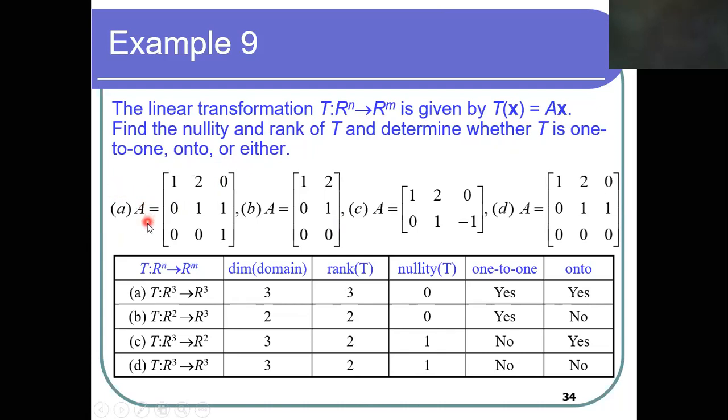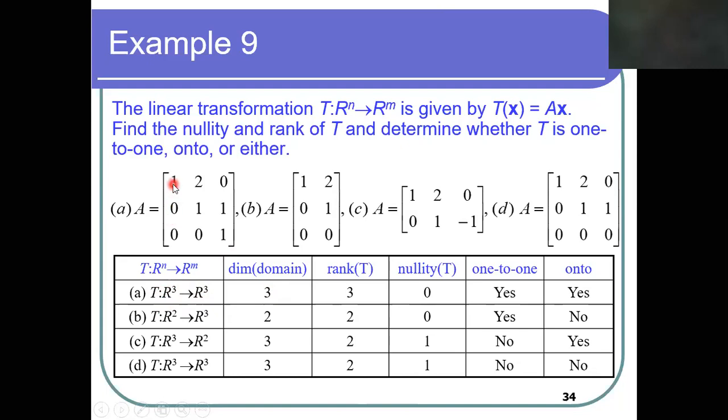Let us take the first example. This is a matrix of a transformation from Rn to Rn. Since the matrix is 3 by 3, the transformation looks like from R3 to R3. So the dimension of the domain is 3.